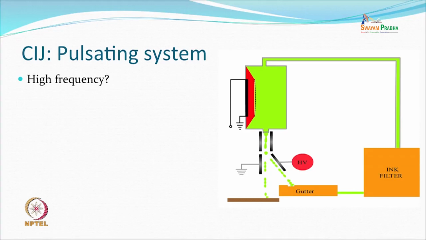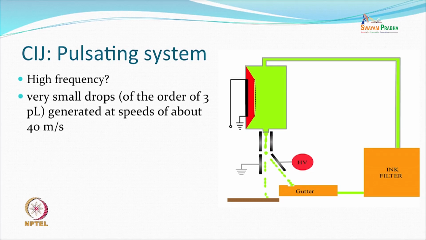High frequency is required because you want a lot of things happening at very small intervals and small droplets to be generated. So almost the limit is there. The 3 picoliter is the smallest droplet which is produced, and speeds are also pretty high.